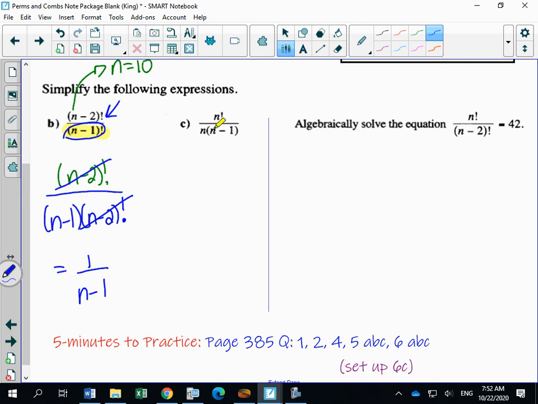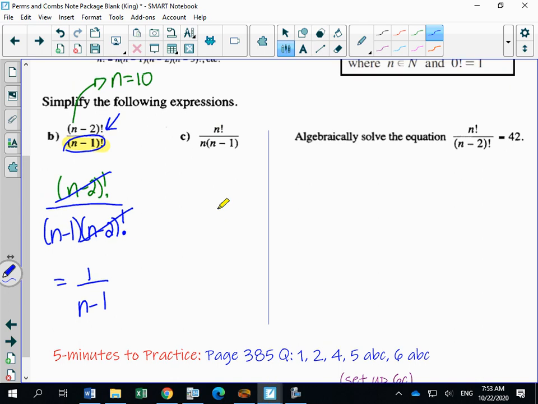So let's look at this one and do the same thing. We have n factorial on the top, and I've got n times n minus 1 on the bottom. So we would start unzipping up here with this n factorial. n factorial is the same as n times n minus 1 times n minus 2 factorial.